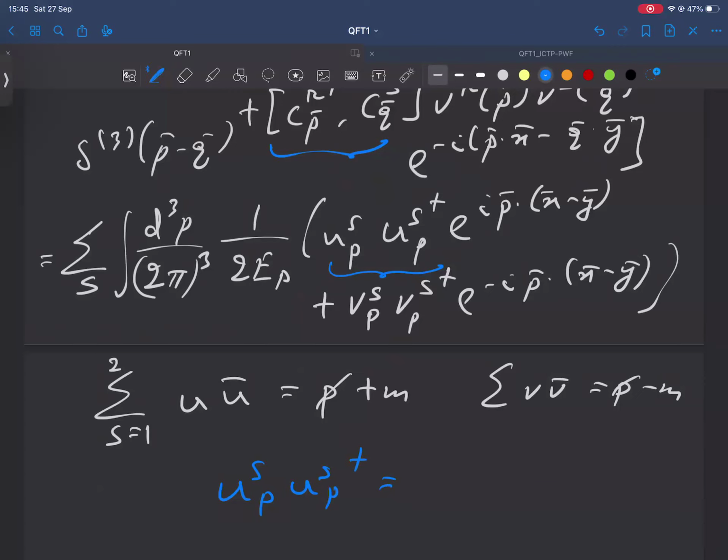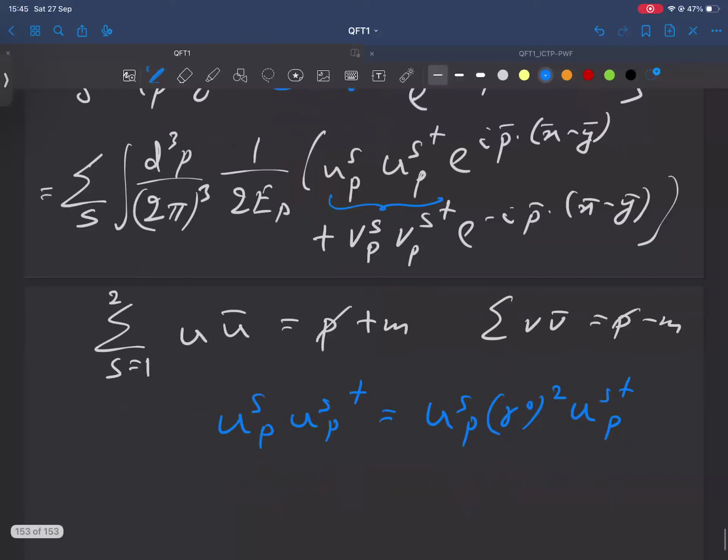You can write it as USP gamma 0 square US dagger P. And now you know that since gamma 0 square is 1, you can do this. So gamma 0 square, and now you can use the identity for defining the Dirac conjugate. And you're left with 1 gamma 0.